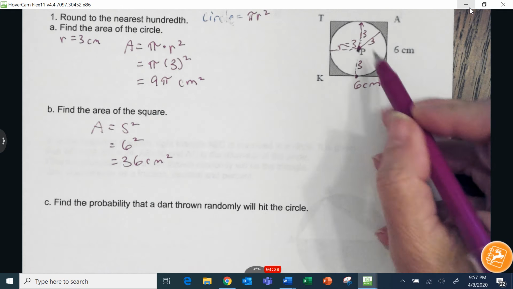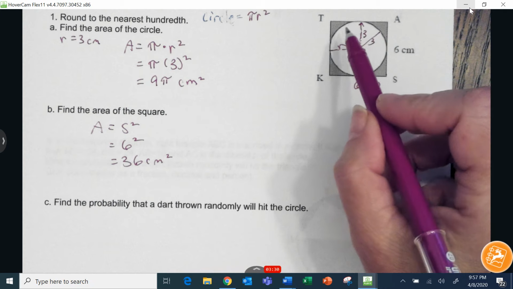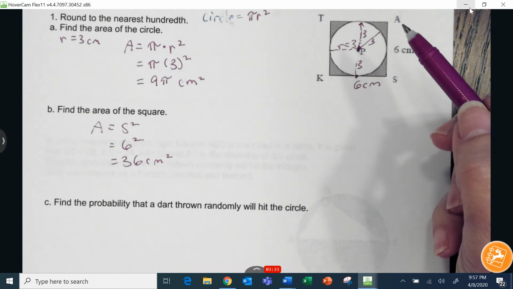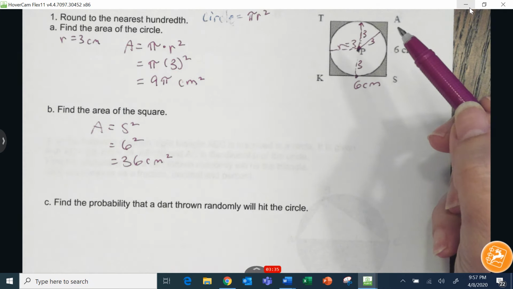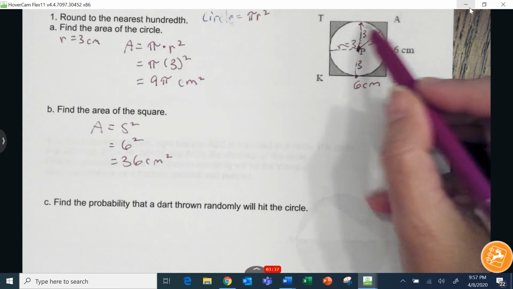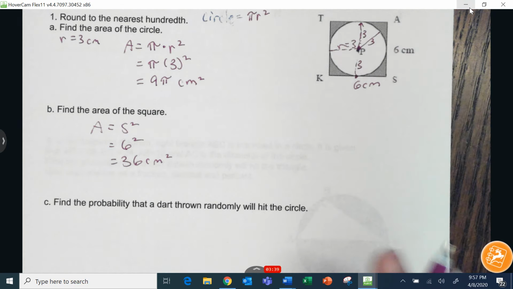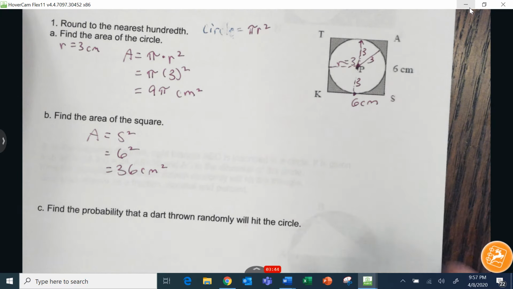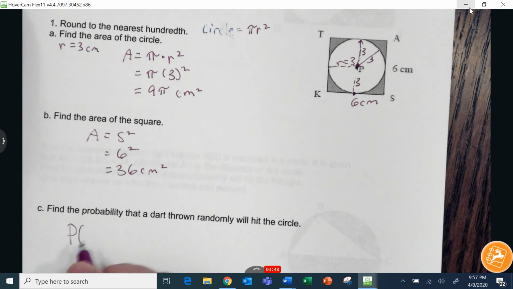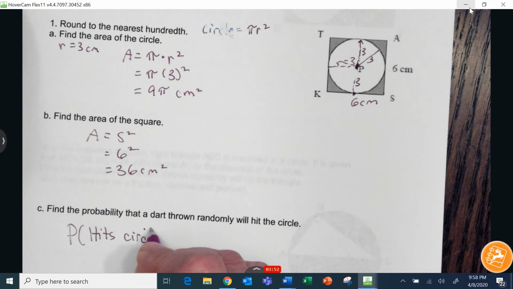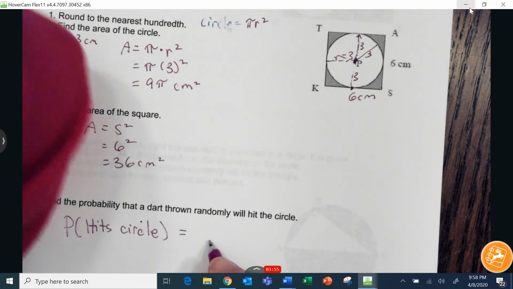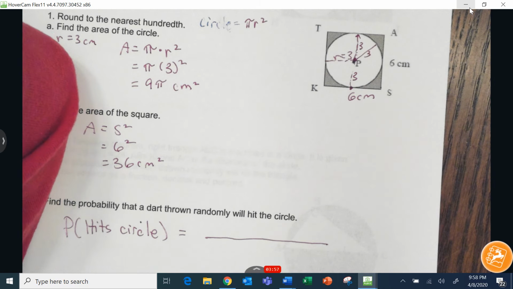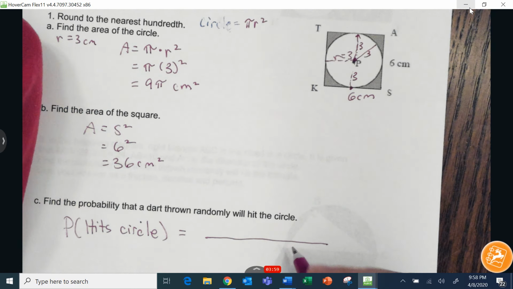To hit the circle would be, out of all of this square, how much area is the circle? So we know that the area of the square is going to be the total amount. That outside area is going to be that bottom number when we do probability that it hits the circle. Okay, the bottom number, the area of the entire region, is going to be the square.